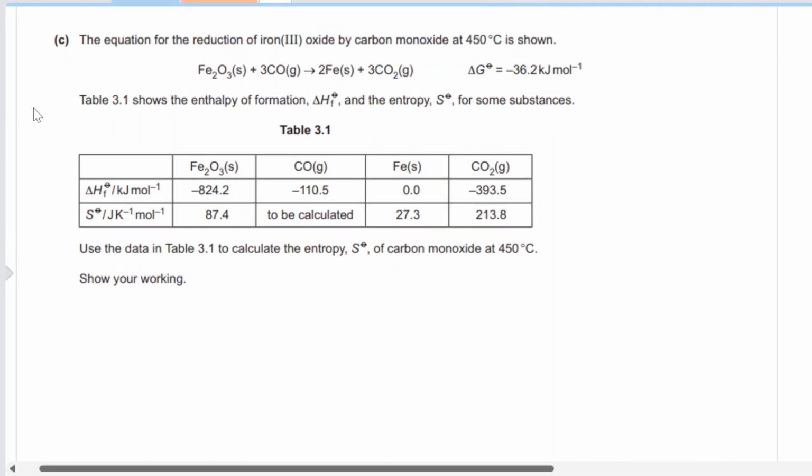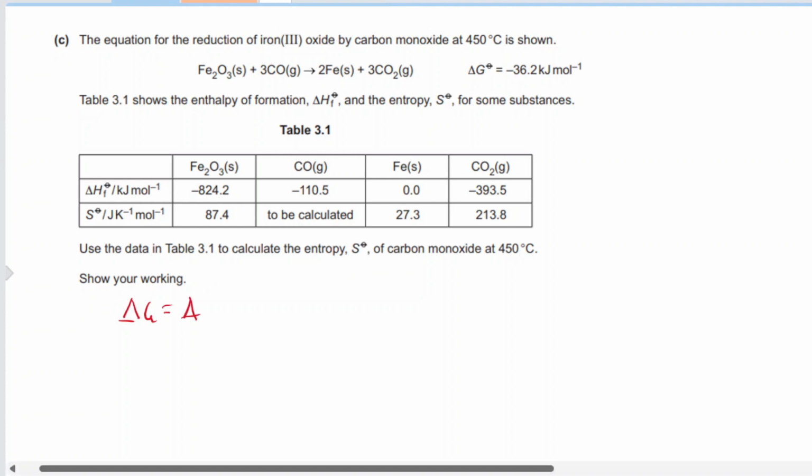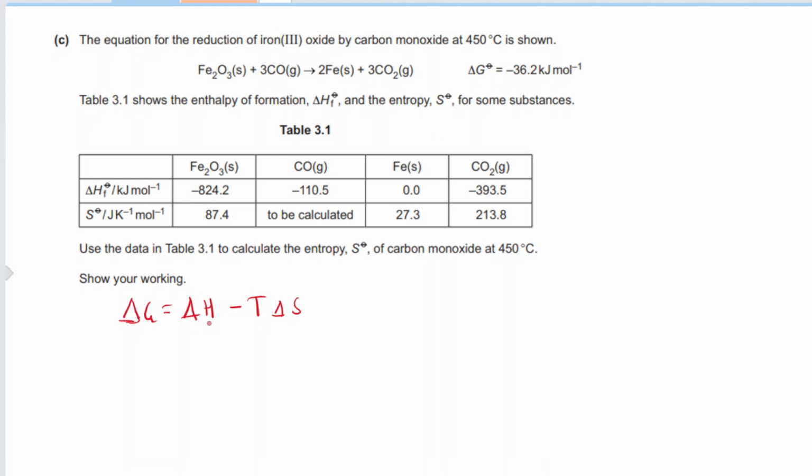Now, the way we can solve this is that, first of all, you should remember this equation which says that delta G equals delta H minus T delta S. This is a very important equation. Now, we have the value for delta G, which is negative 36.2. Do we have the enthalpy change of reaction? Remember, this H over here is the enthalpy change of reaction.